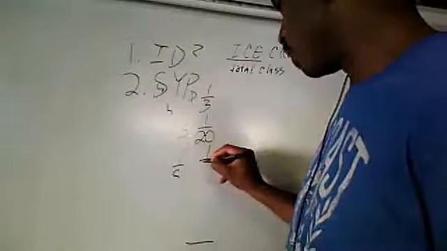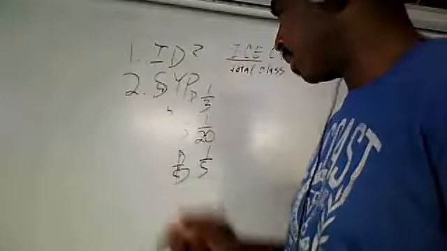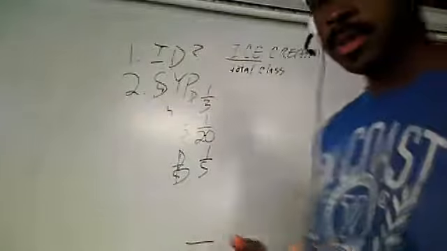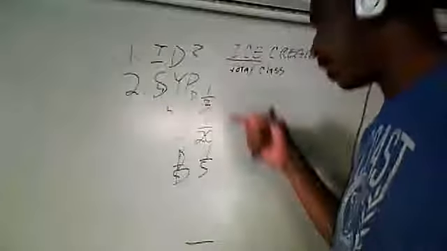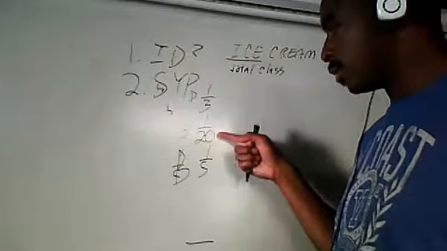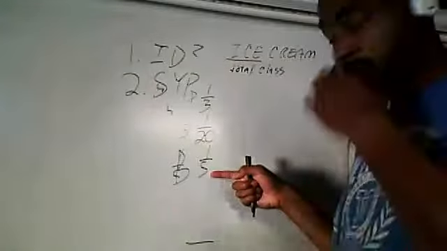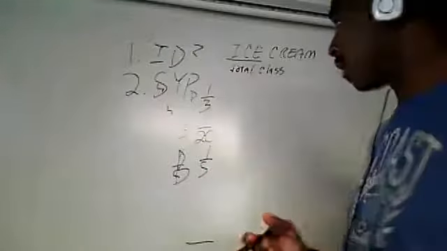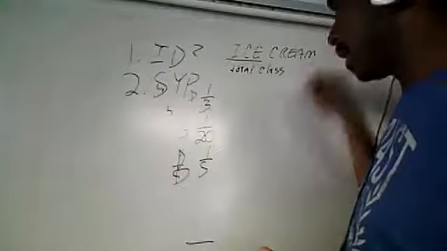So put the 1/5 right there. Put a B there for burgers. And then the rest voted for ice cream. So we know that 1/3 voted for pizza, 1/20th voted for sushi, and 1/5 voted for burgers. Okay, so we want to know what fraction voted for ice cream, and that's what we need to find out.